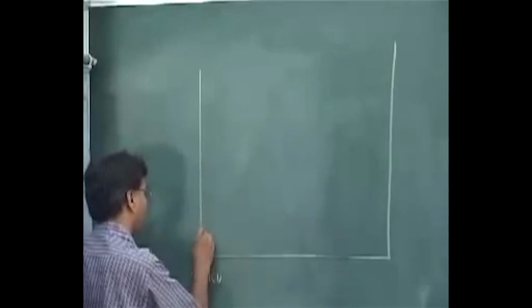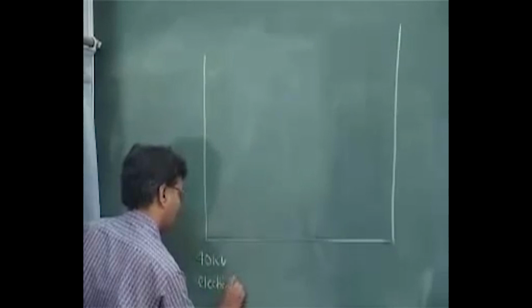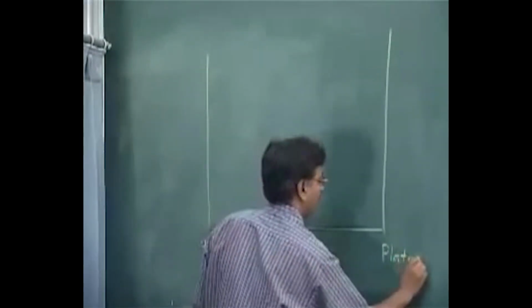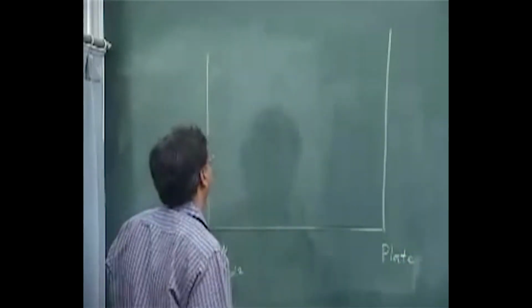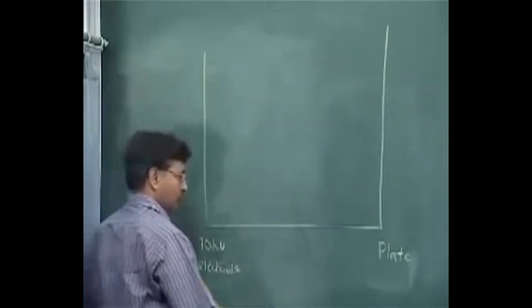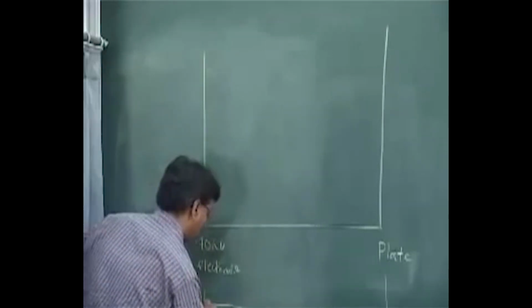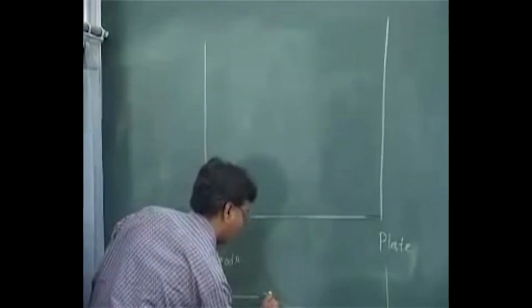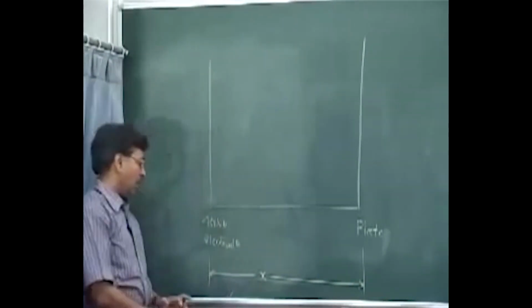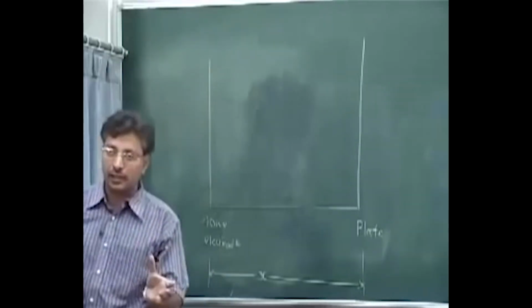You have here an electrode, you have here a plate, and let's say I just call this distance X. We have talked about how big is the X. What, 3 to 4 inches, right?